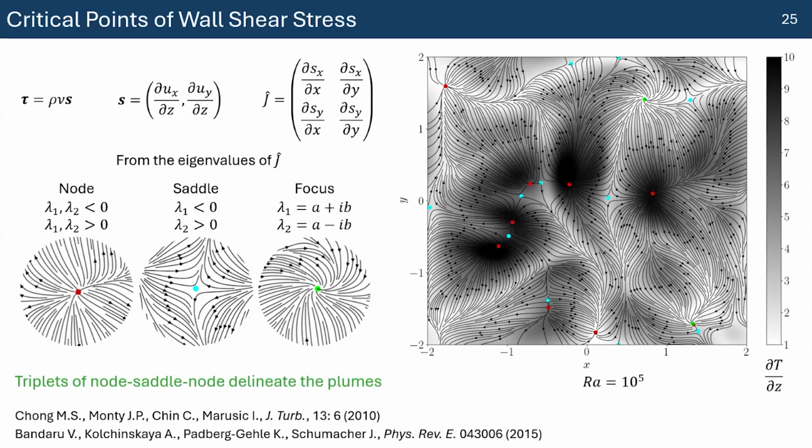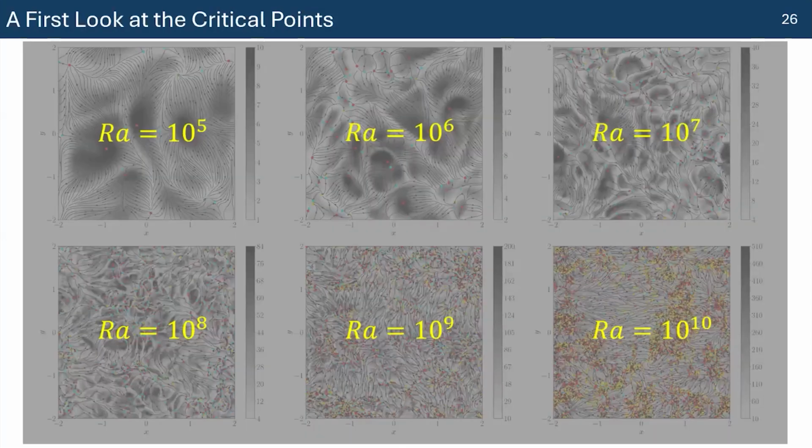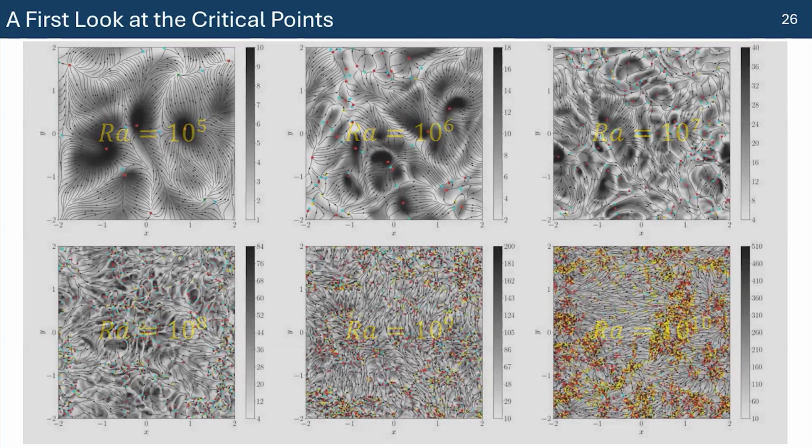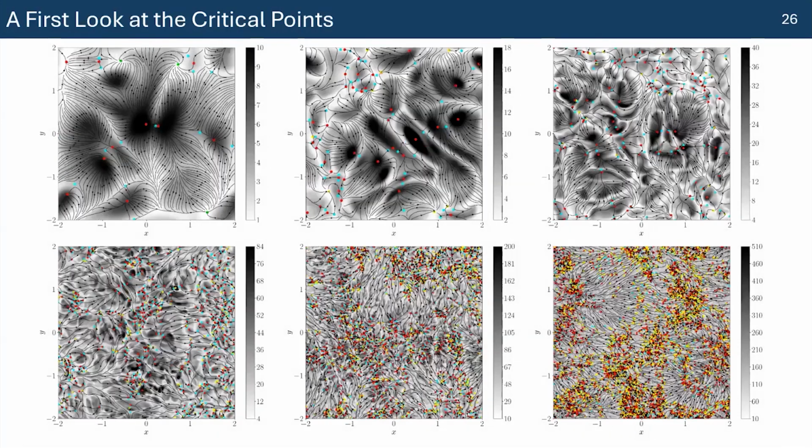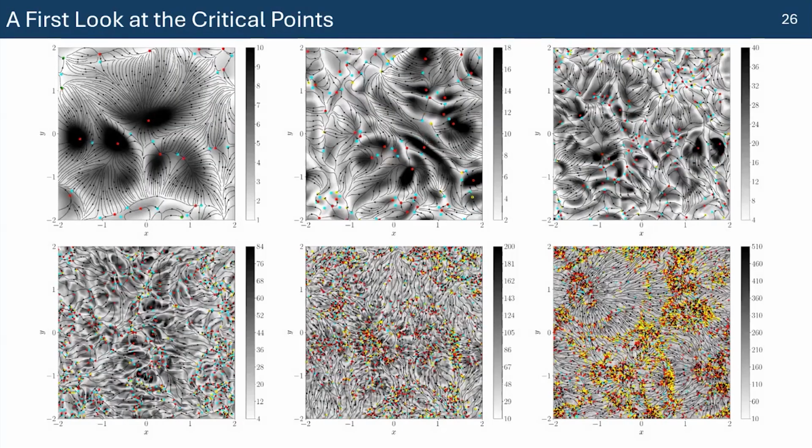Initially, just for a preliminary picture, we look at how the number of nodes, saddles, and foci vary with the Rayleigh number. When we look at that, as the Rayleigh number increases, the number of nodes, saddles, and foci, of course, increase greatly.